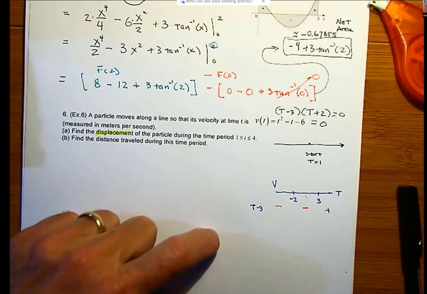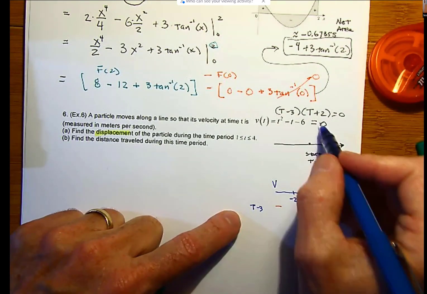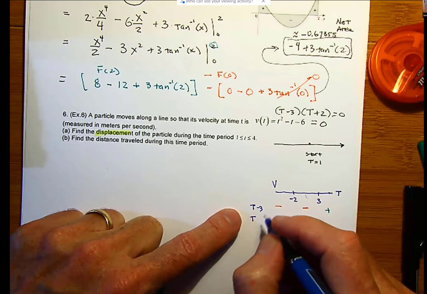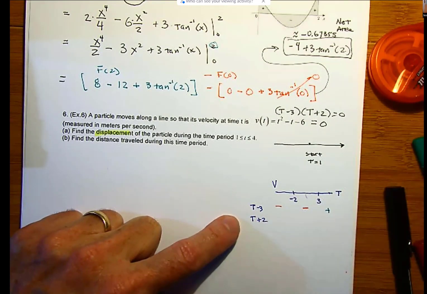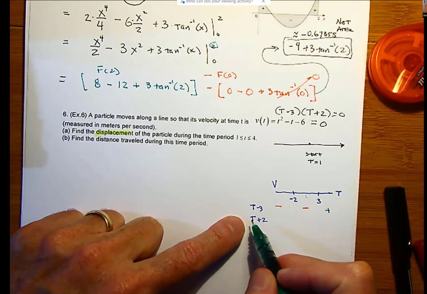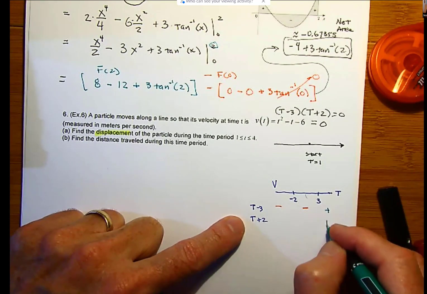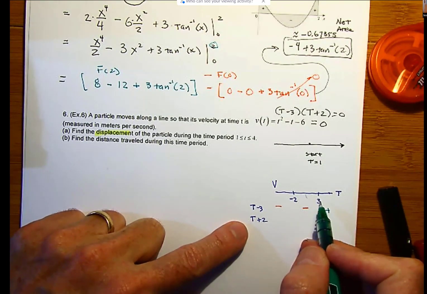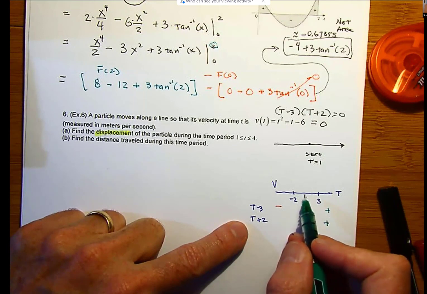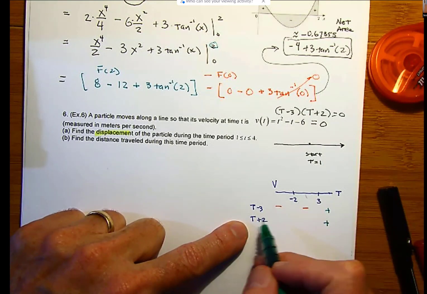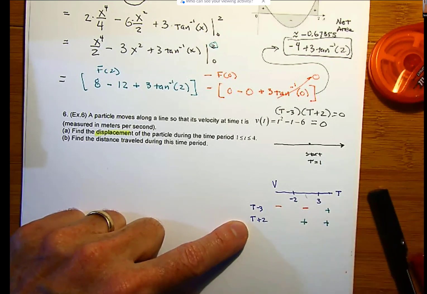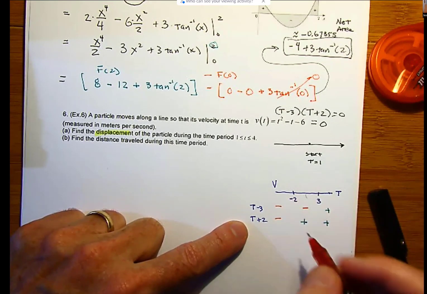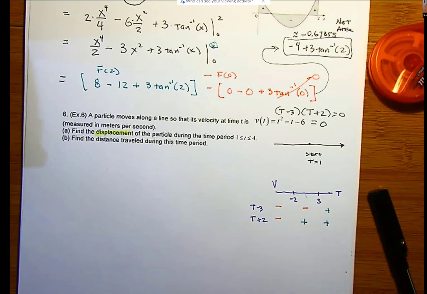Next was the other factor. When time is bigger than 3, like 4 plus 2, it is positive. And when time is smaller than 3, like 1 or 0, 1 or 0 plus 2 is still positive. And smaller than negative 2 is negative, but that's kind of moot here.